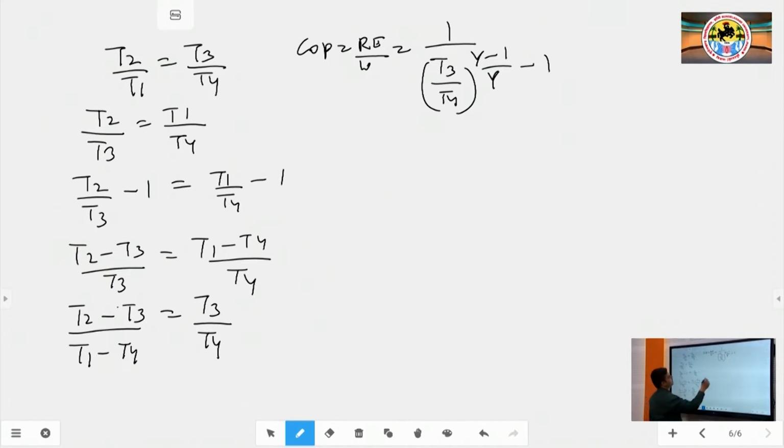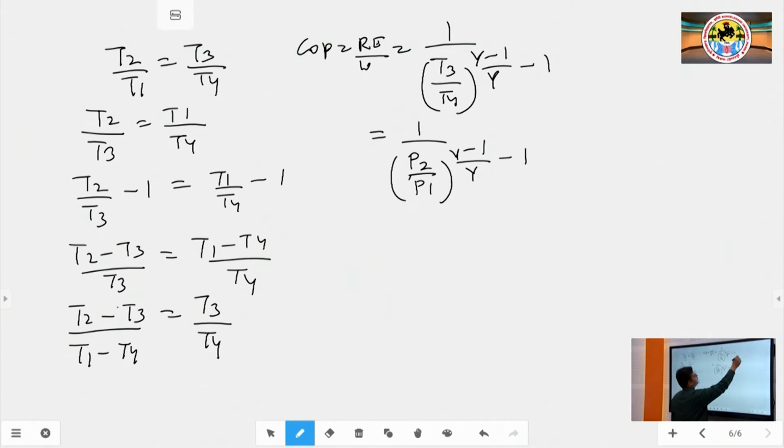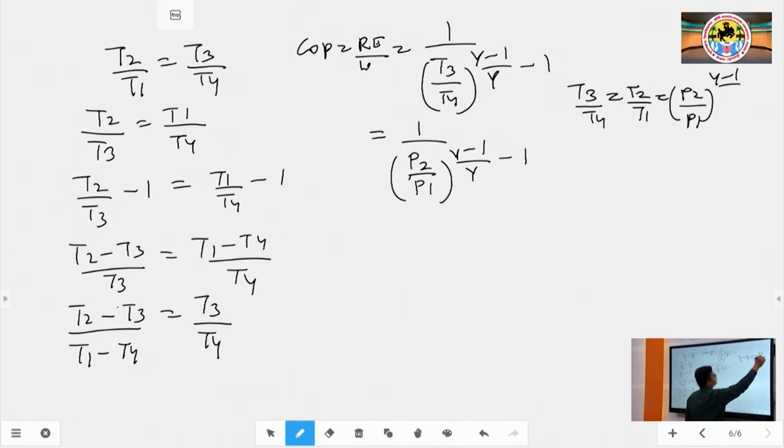Or we can also say T3 upon T4 is equivalent to the pressure ratio, that is 1 upon P2 upon P1 to the power of gamma minus 1 upon gamma minus 1, because T3 upon T4 is equivalent to T2 upon T1, and it is equivalent to P2 upon P1 to the power of gamma minus 1 upon gamma. So, in terms of T3 upon T4 we can replace in terms of pressure, that is P2 upon P1, and it is also called the pressure ratio.